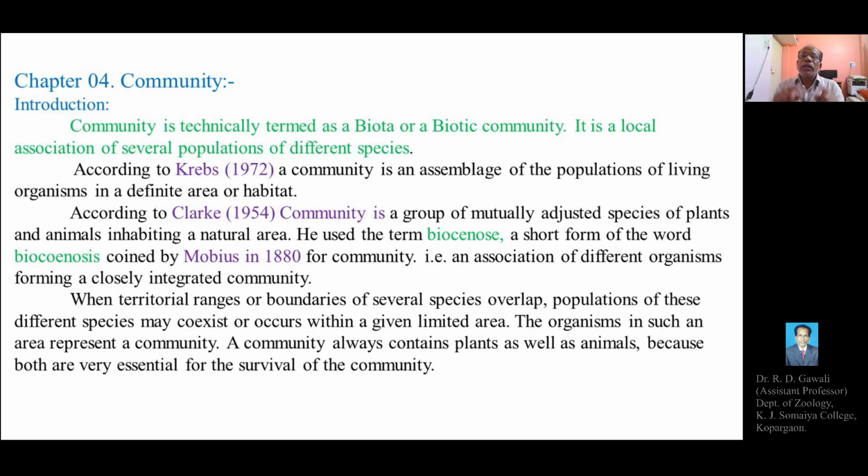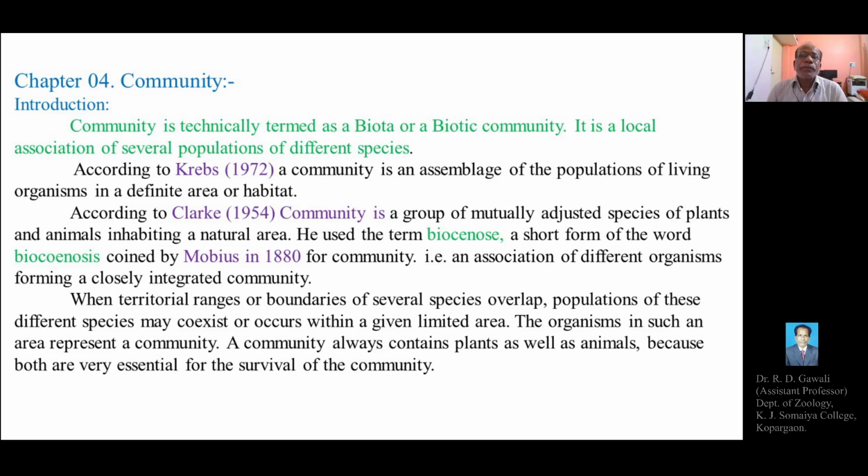When we consider a limited area, then the total number of organisms belonging to different species present in that area is called a community. So it is a local association of several populations of different species.